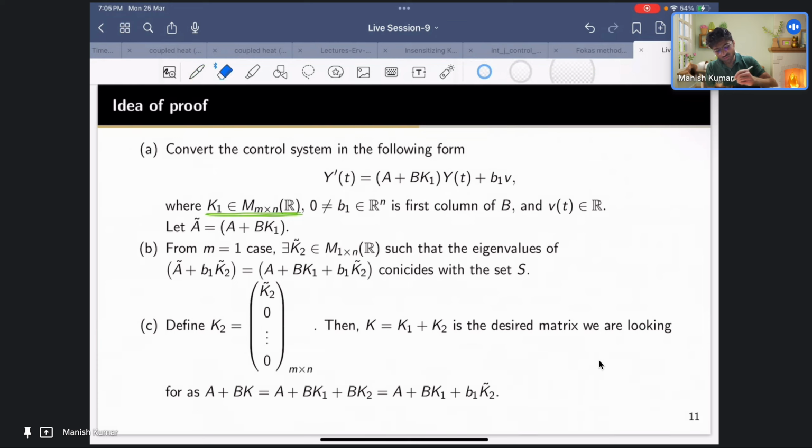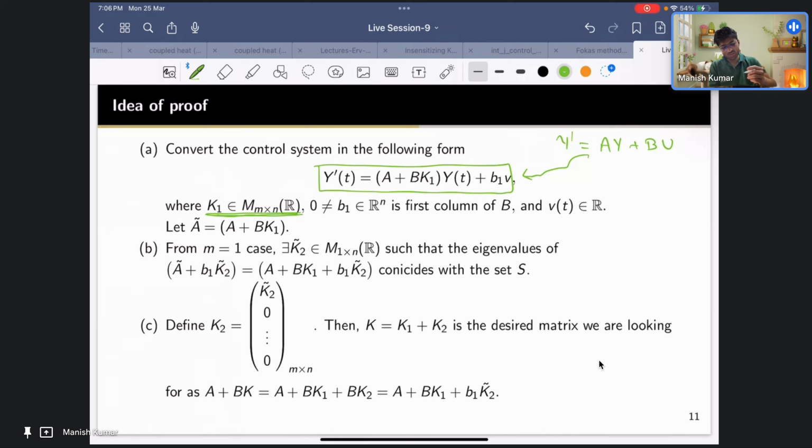What you basically do is find one k1 such that the system y prime equals Ay plus Bu, you write this system in this way. So you get a system of this kind, find the matrix k1.